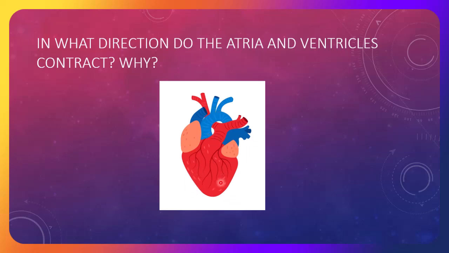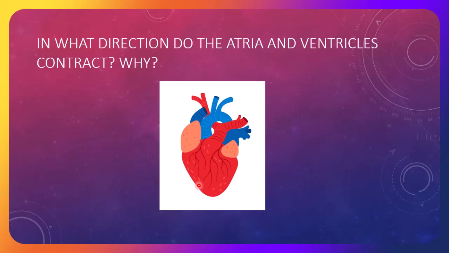This is sending blood out into the lungs. And when it leaves the right ventricle, it goes superior to go to the lungs. When it leaves the right atria, it goes inferior to go into the right ventricle. If it did any other way, there would be no cardiac output.